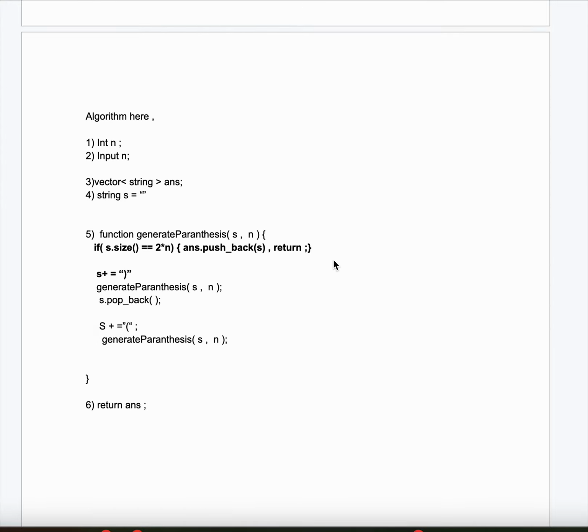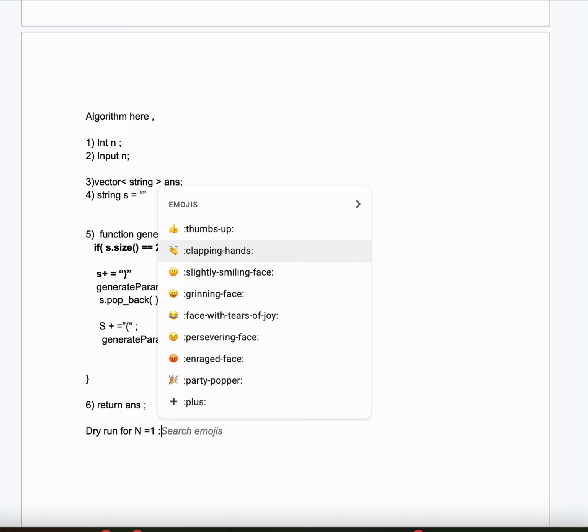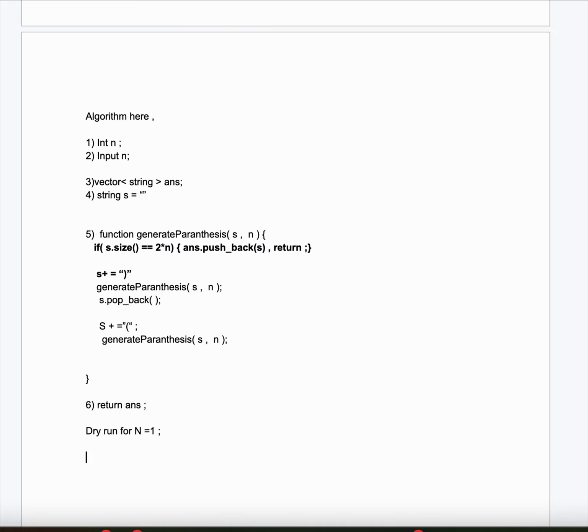So we can do the try run, for n equal to 1. I will make the recursion tree for n equal to 1, so it would be easy to understand.